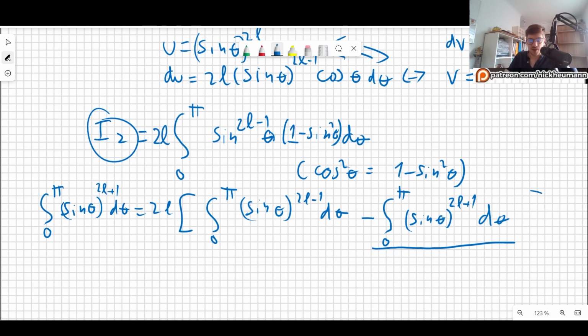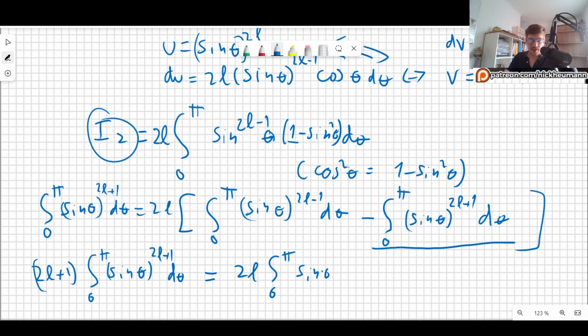So we can now take it and put it on the right side. We get 2L plus 1 times the integral from 0 to pi of sine theta to the 2L plus 1, d theta, equal to 2L times the integral from 0 to pi of sine theta to the 2L minus 1 power, d theta.